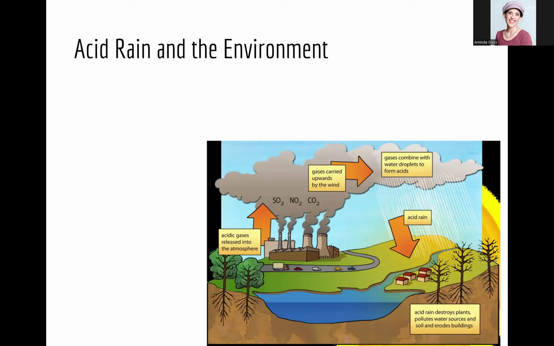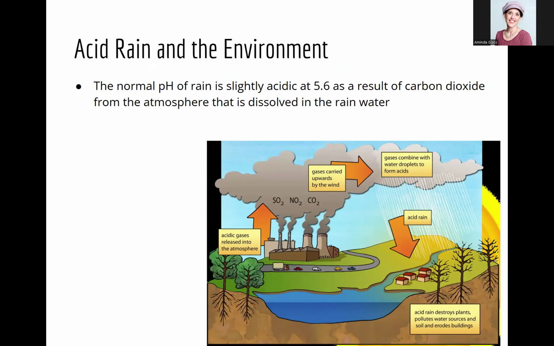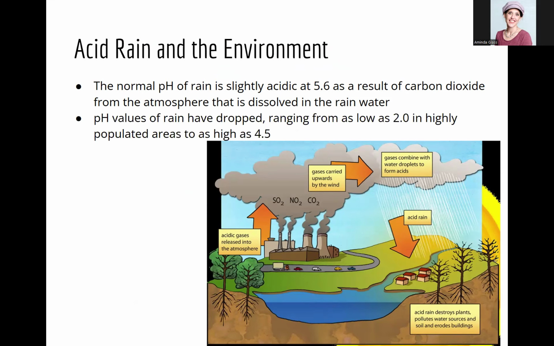Let's talk about acid rain and the environment. We touched on how acidic anhydrides react with water, and that creates acids. So the normal pH of rain is slightly acidic at 5.6. And that's just a result of carbon dioxide from the atmosphere that's dissolved in the rainwater.